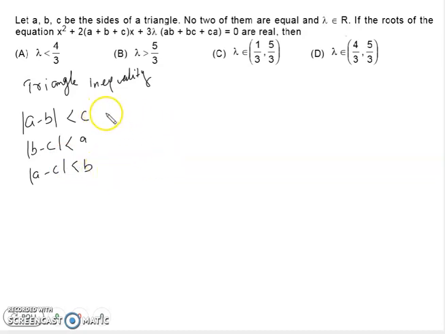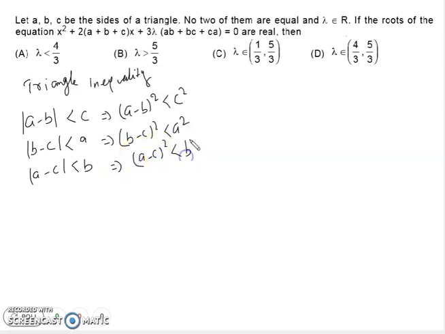And after squaring all these terms, we can write (a minus b) whole square is always less than c square. We can write (b minus c) whole square is always less than a square, and (a minus c) whole square is always less than b square, right guys?